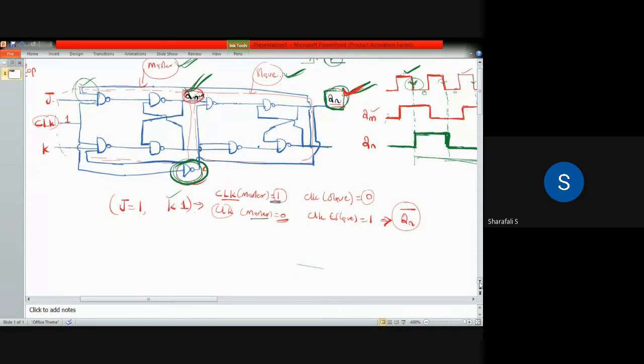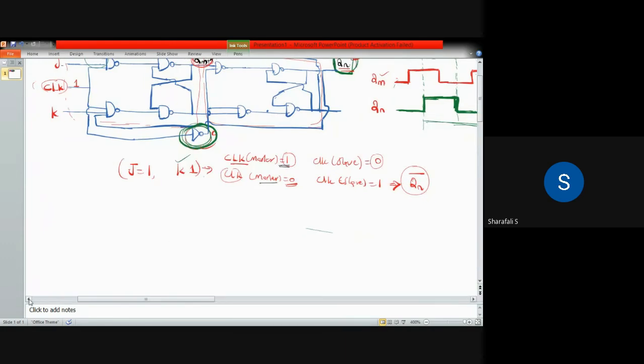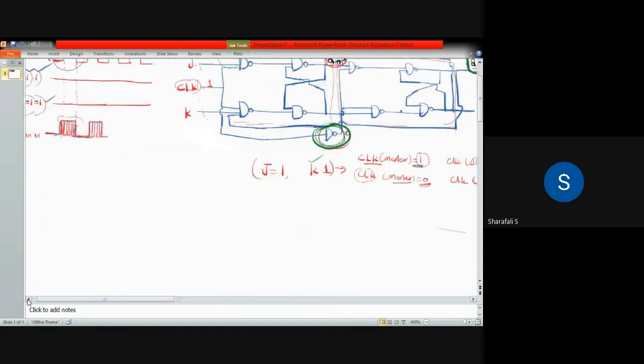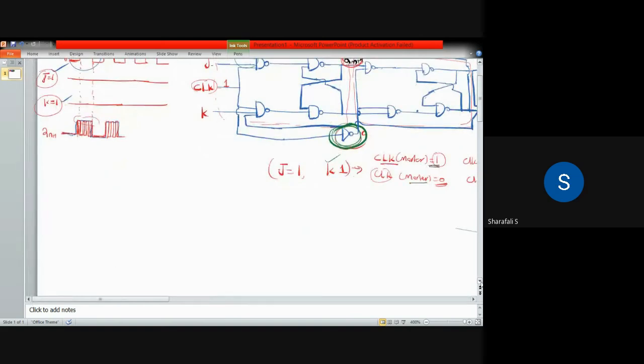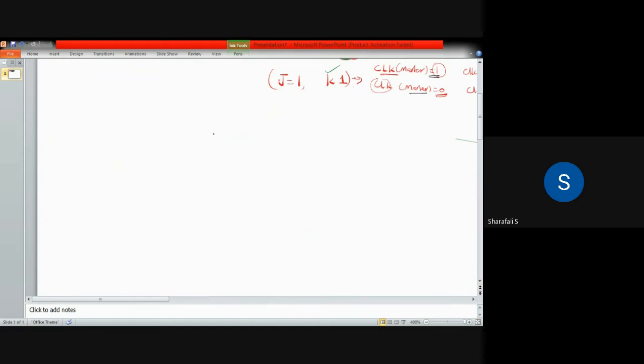So we eliminated the race around condition, and we successfully achieved the toggling without having any kind of race around condition. Now there is another flip flop which is called the D flip flop. This you might have studied in your UG classes.